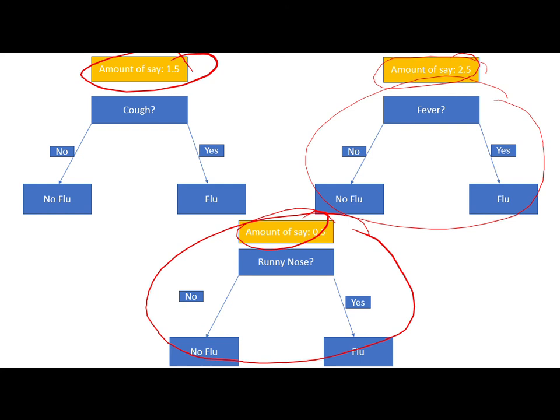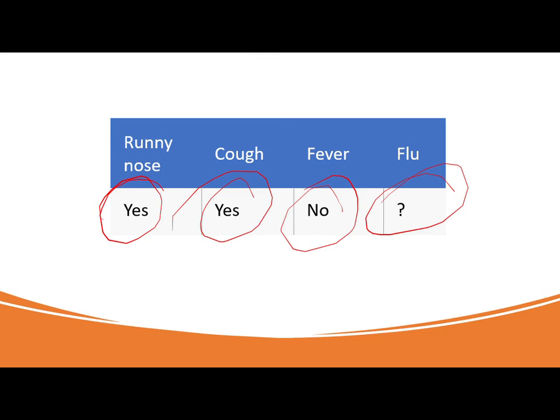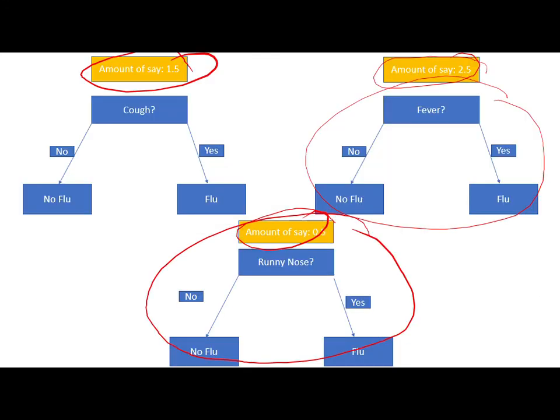So this person had a runny nose and a cough. Okay, so the person had a runny nose. Yes, they have the flu. There's 0.5 flu. And they had a cough. So 1.5, yes, flu. We add this together, we get 2. So 2 tells us there's a weighting of 2 that it should be flu.